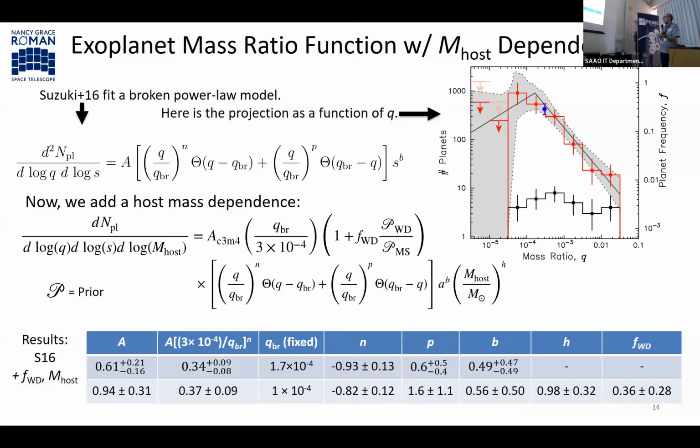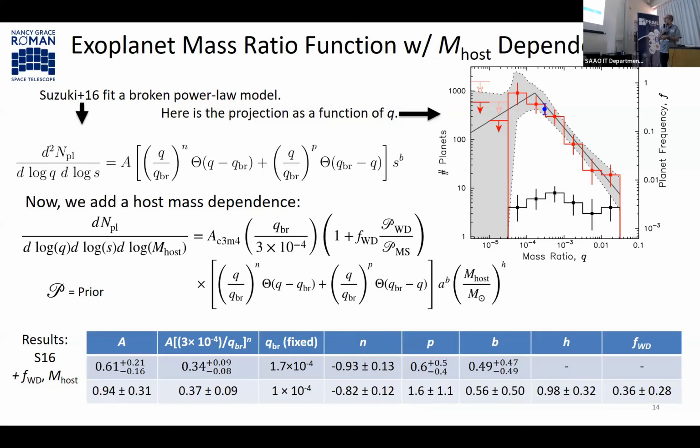But with the mass measurements, we now add a couple more parameters. One is the mass of the host star. This is a little bit different than in analyses of radial velocity surveys, where when they talk about the dependence on the mass of the host star, they usually consider it as a function of the planet mass. But here we consider it as a function of the mass ratio.